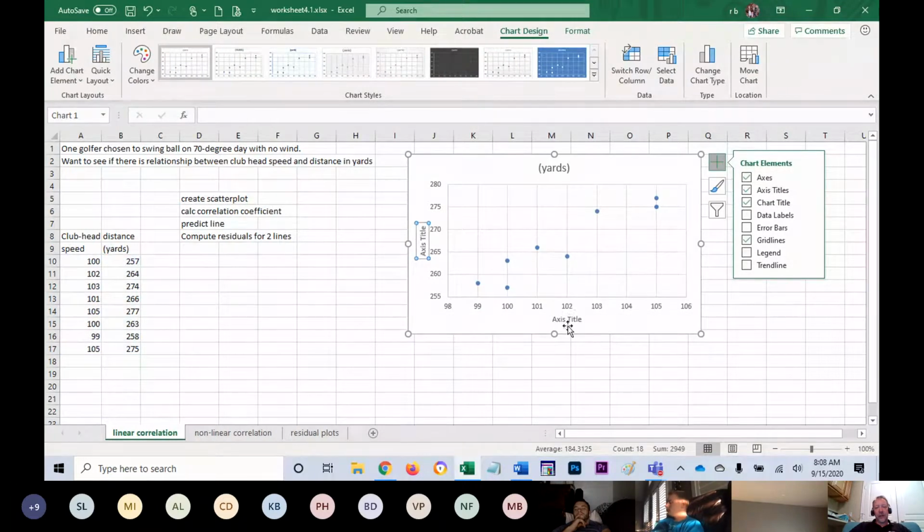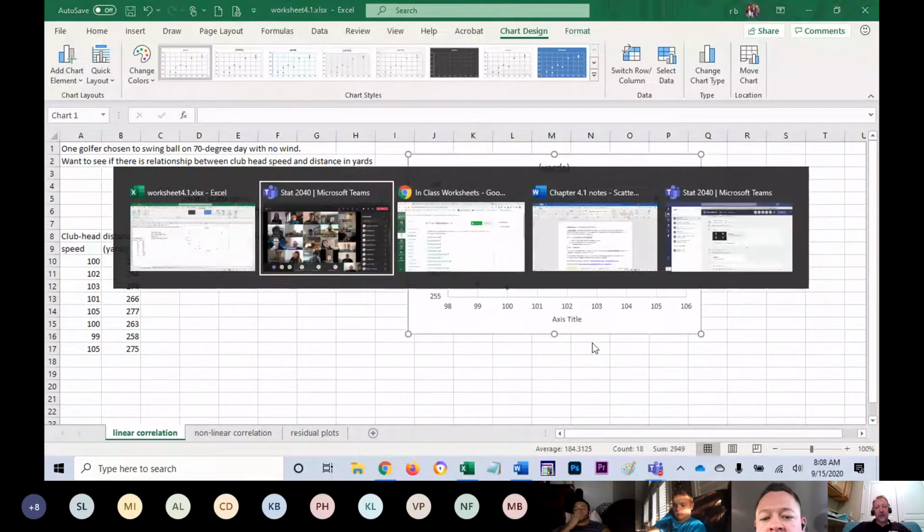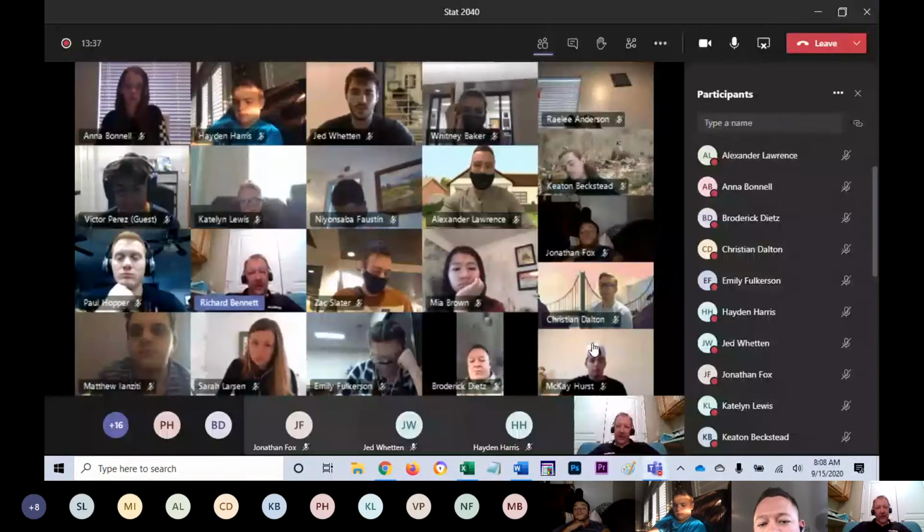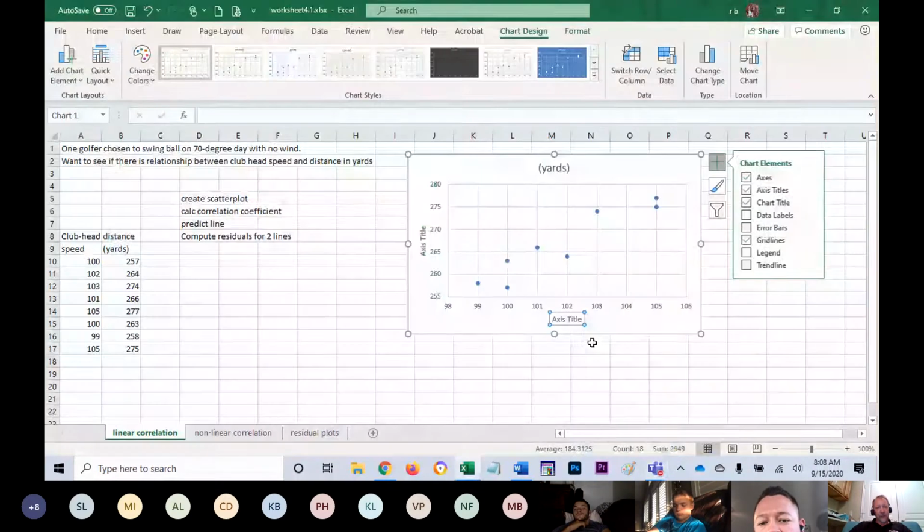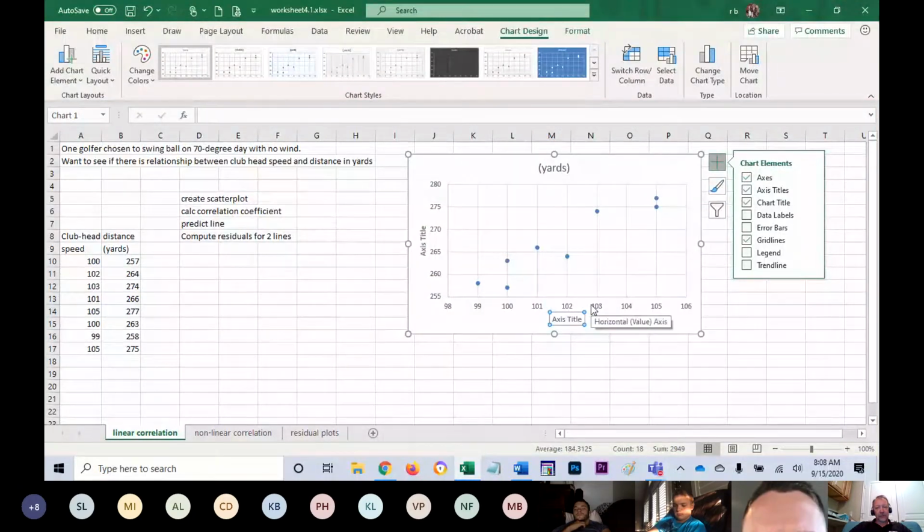Of course, any good graph, we should add axis titles. So, what should I put here? Let's pick on Anna. What should I label this x-axis here? The club head speed.